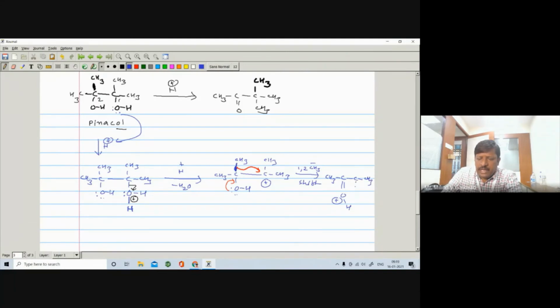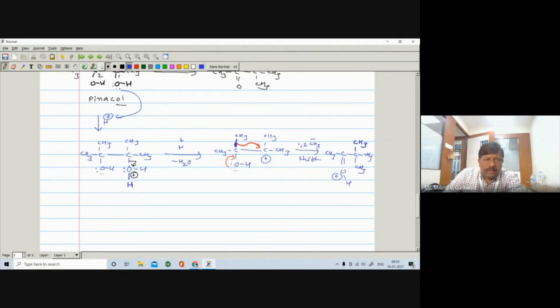So CH3, here is also CH3, and that CH3 undergoes shifting, right? Now further it undergoes dehydration. So this sigma bond opens on this oxygen. Why?